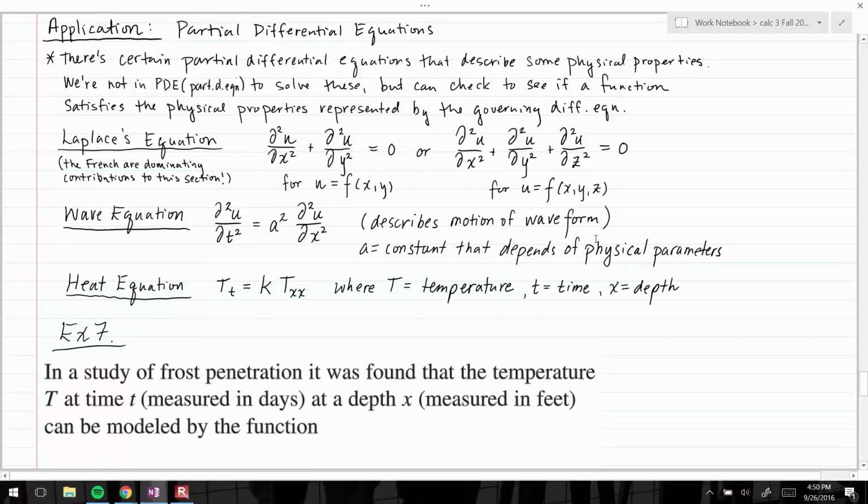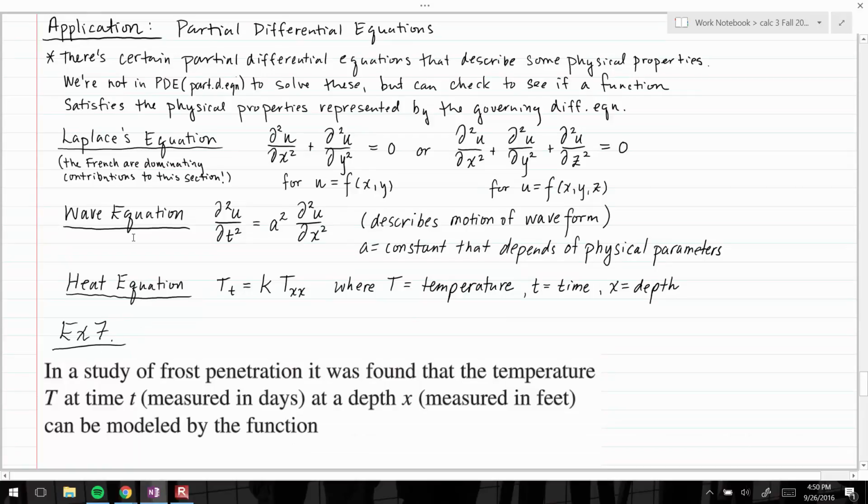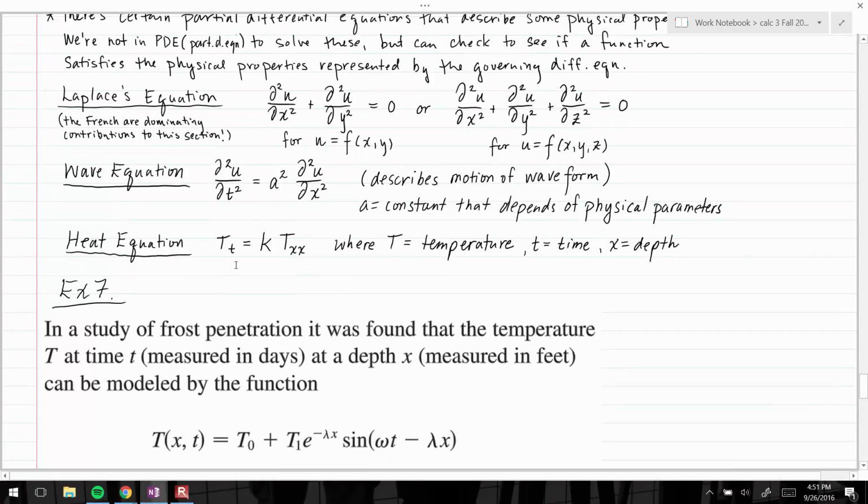So some related equations are the wave equation, where a is a constant in this one, and that depends on the parameters of the situation you're looking at. Then the heat equation, there's also something called the diffusion equation, which is related here. Diffusion equations are solutions to these.